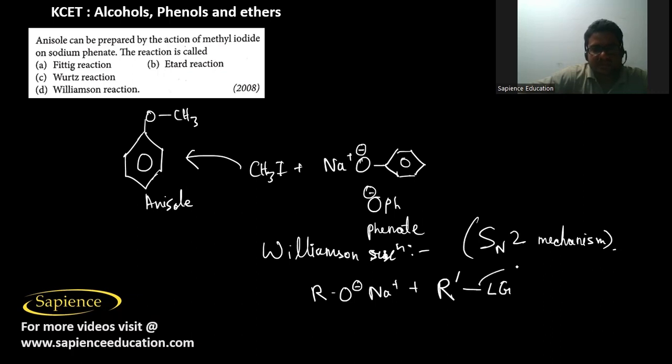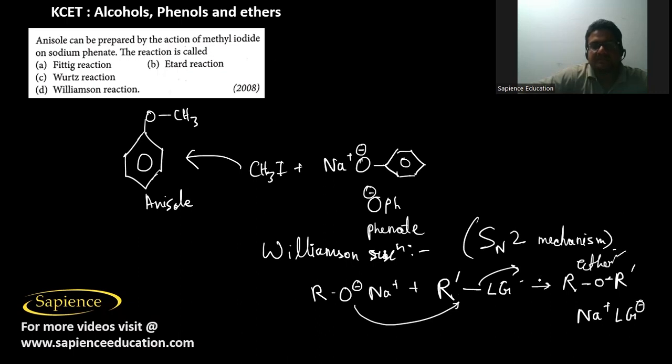The leaving group will be removed, and this OR minus, the alkoxide, will attack R dash, and one ether, ROR dash, will be formed, and the sodium ion will be linked with the leaving group. So it is the mechanism of the Williamson reaction. So option D is the correct answer.